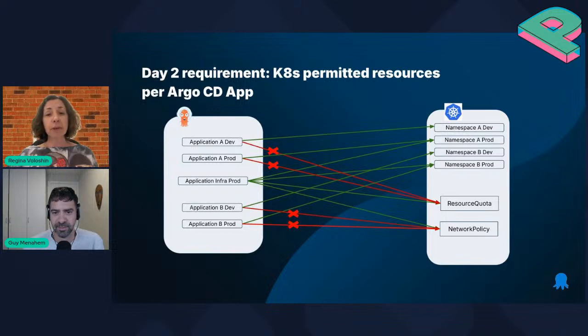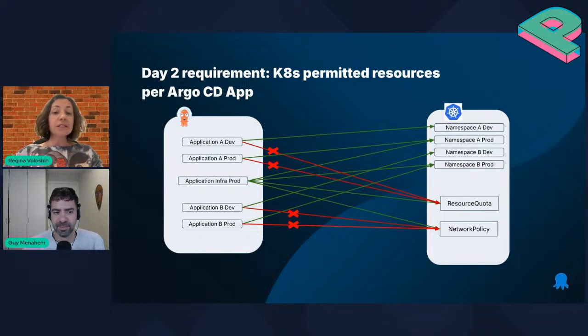Another popular requirement is restricting which Kubernetes resources are permitted to be deployed per ArgoCD application. And so we have business applications that typically can install resources by environment. So dev applications will install resources to dev namespaces.